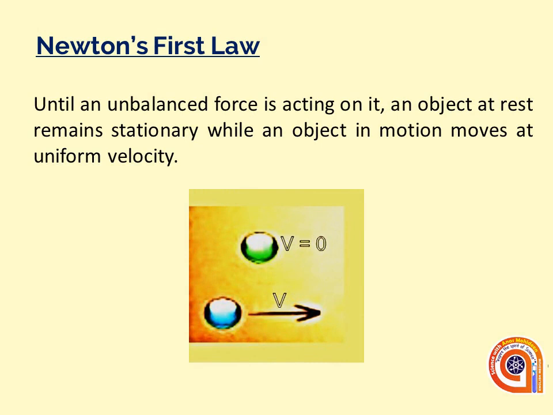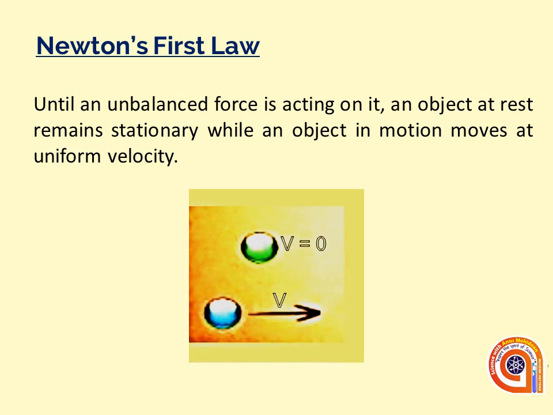That means, look at the image given here. The object 1 has a velocity 0. That means it is at rest. Now, if no other forces have been applied, then the object remains at rest. It never moves. If a force is applied and it is sufficient to move it, then the object will be moved.